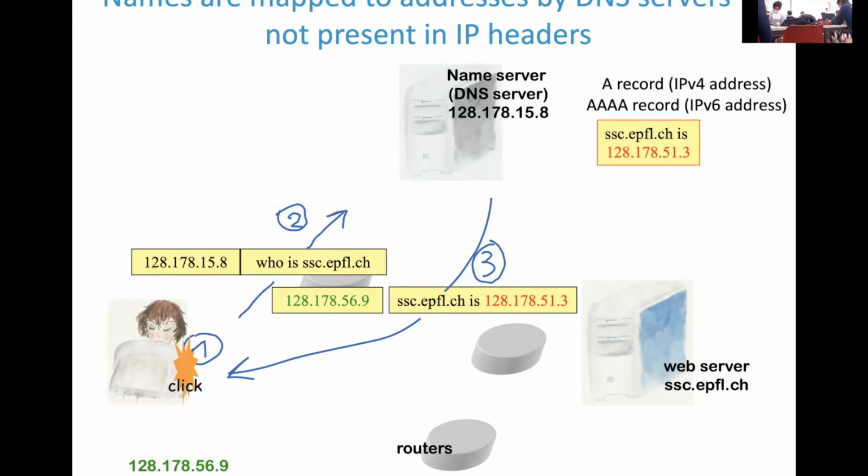How can the DNS server know the IP address of the source? Exactly, in the DNS request, they also put the source IP address.